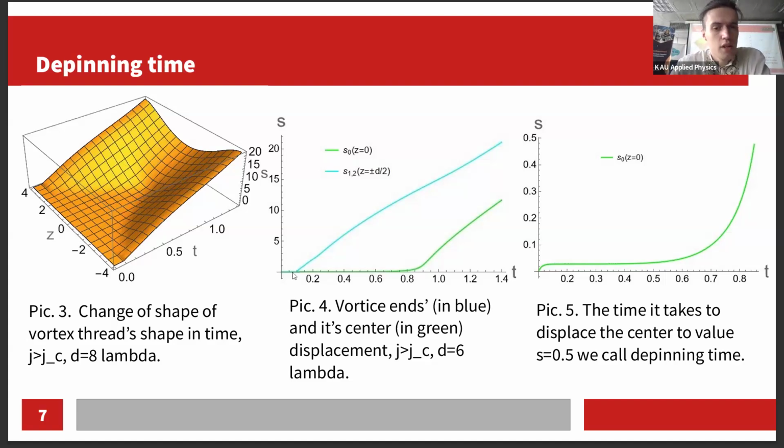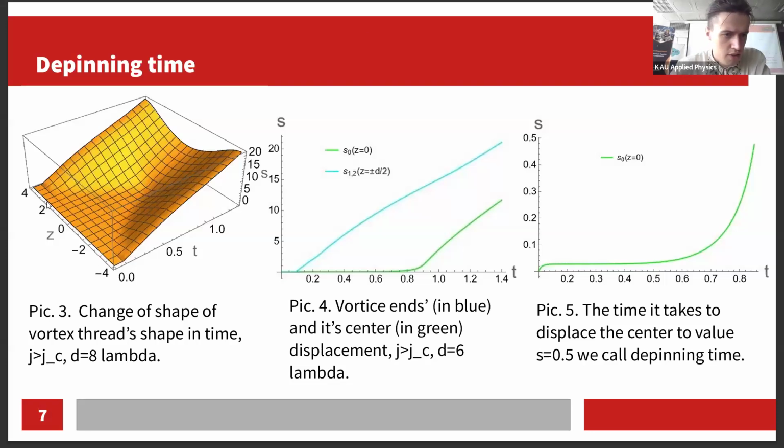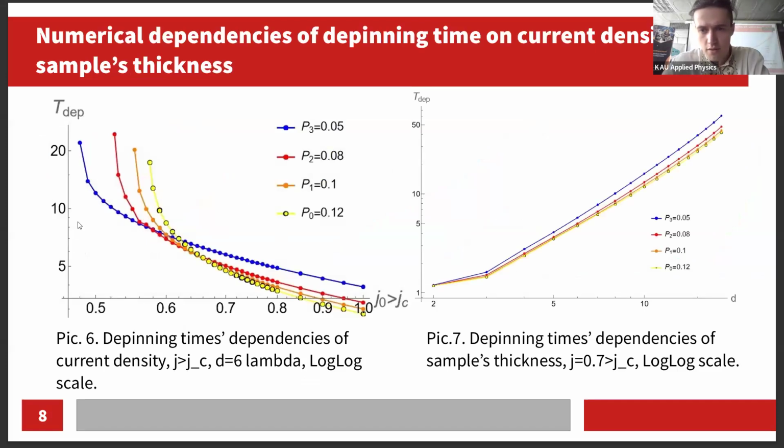Therefore, as we have seen already, the amplitude of the current matters, and so does the thickness of the sample itself, as one would expect that the larger the distance the perturbation has to travel, the longer it will take. This is exactly what we see here.